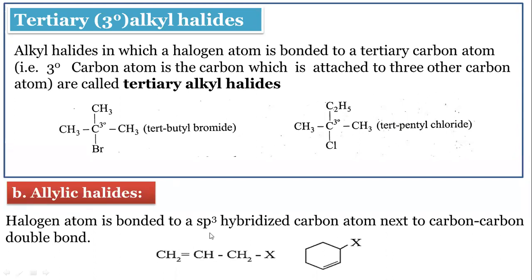If such a system is there, this is called allylic halides. Allylic halides means the halogen is on an sp3 hybridized carbon, and this carbon is bonded to another carbon-carbon double bond. See here also, this halogen is attached to the carbon which is sp3 hybridized, and this is attached to the carbon-carbon double bond. Such type of organic system is called allylic halides.